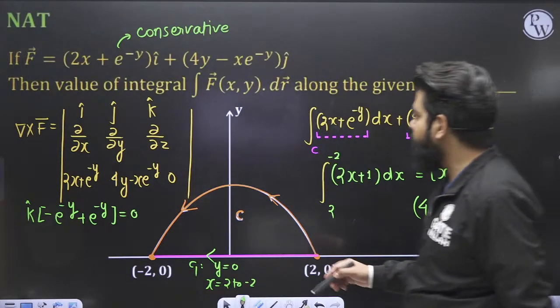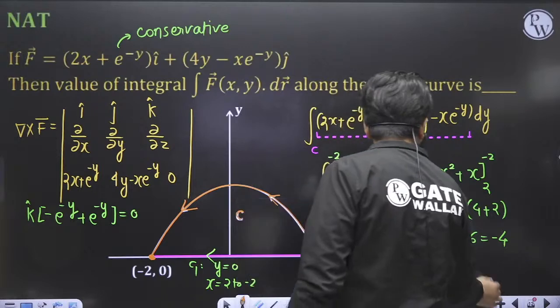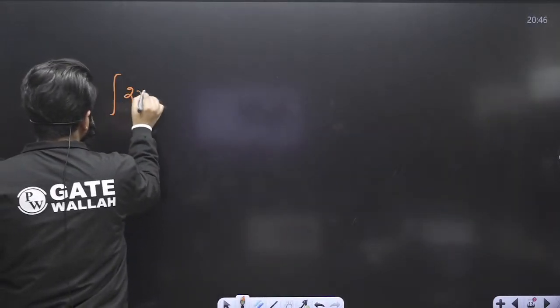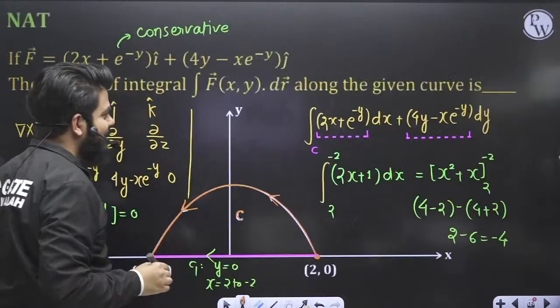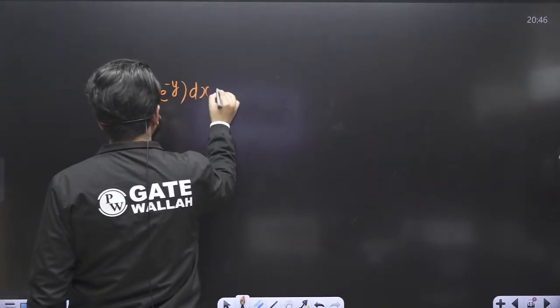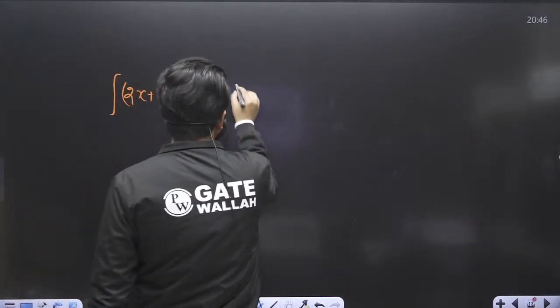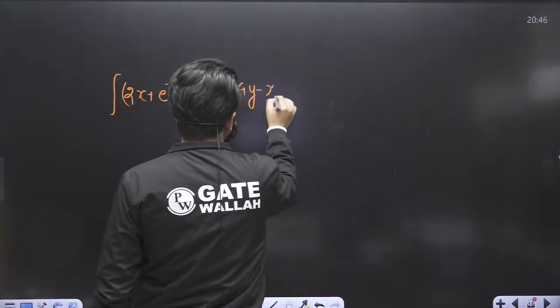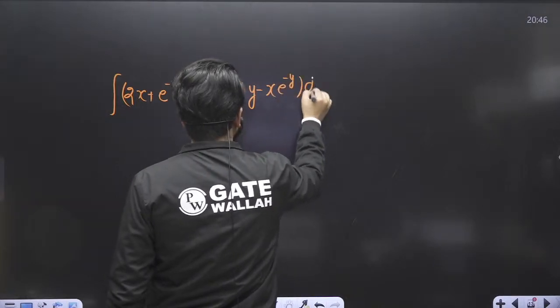Now let us move on to the differential coefficient part. So this value which was mentioned here, (2x + e^(-y)) dx plus (4y - x e^(-y)) dy.